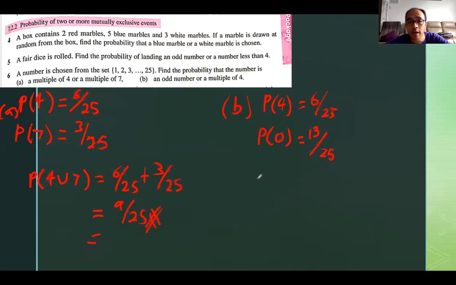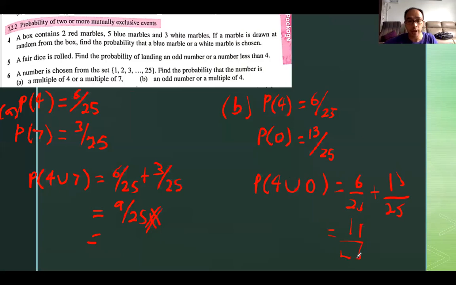Okay, so in that case, the probability of 4 or odd numbers is 6 over 25 plus 13 over 25. Okay, which will give you 19 over 25.